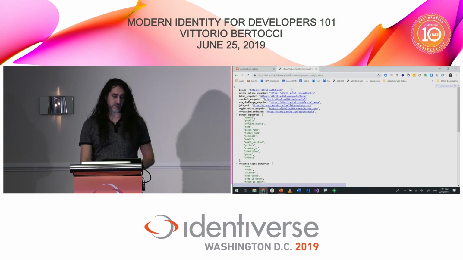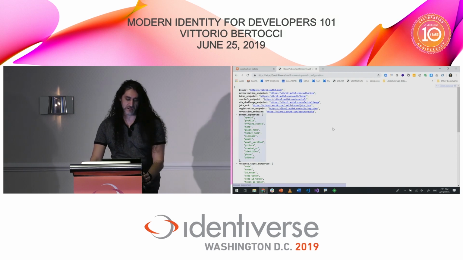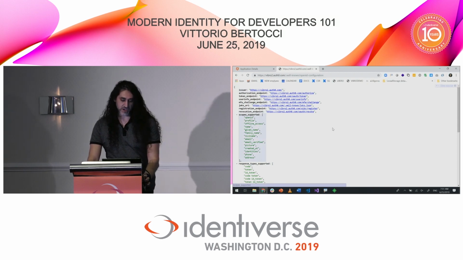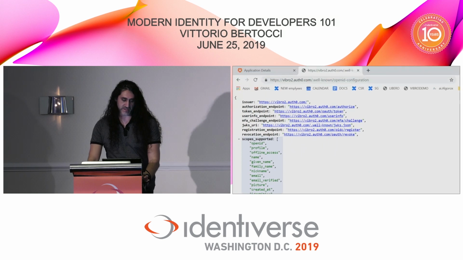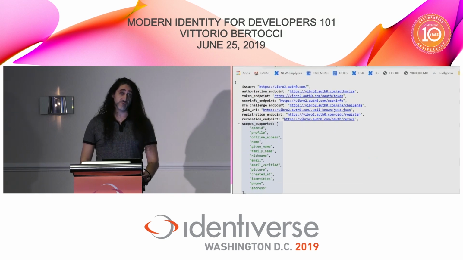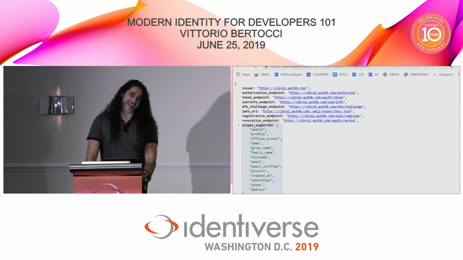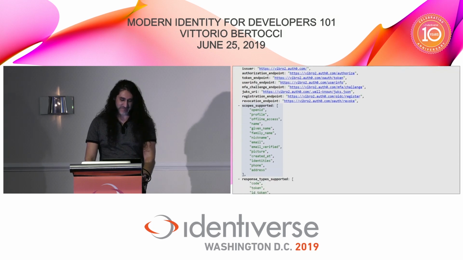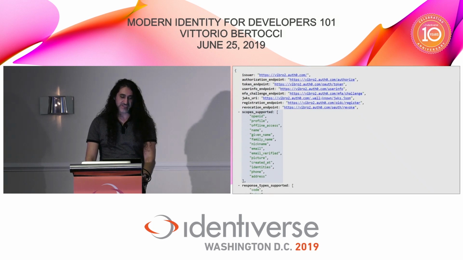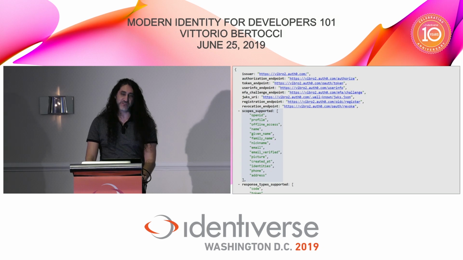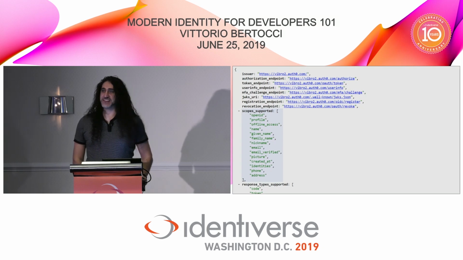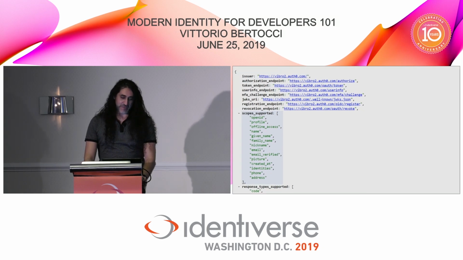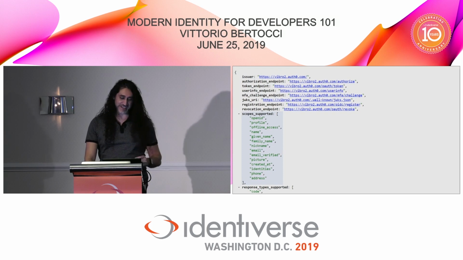And here, thanks to awesome Chrome plugins, you can see the content of this document, which is clearly not designed to be consumed by humans, or by some people that spend weekends writing specifications. If you have a social life, usually you look at this and it doesn't make a lot of sense to you. But for me, if I don't have a lot of social life, it actually makes sense.